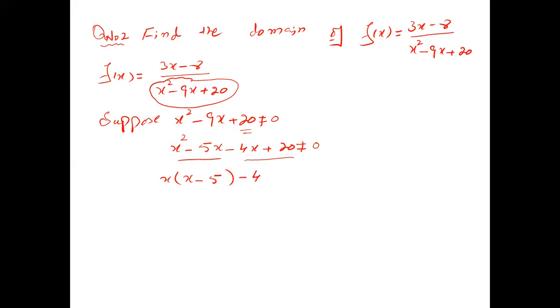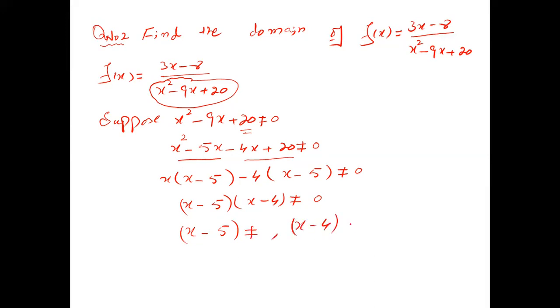Minus 4 common: x minus 5. So simply write x minus 5 into x minus 4 is not equal to 0. So x minus 5 is not equal to 0, and x minus 4 will also not be equal to 0.